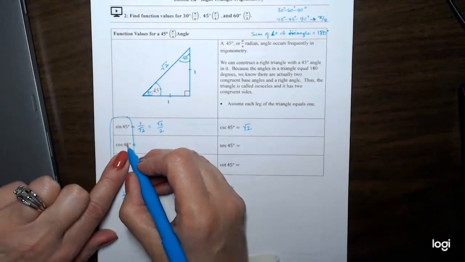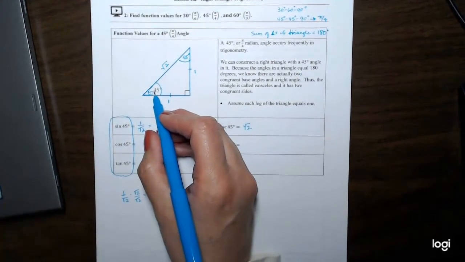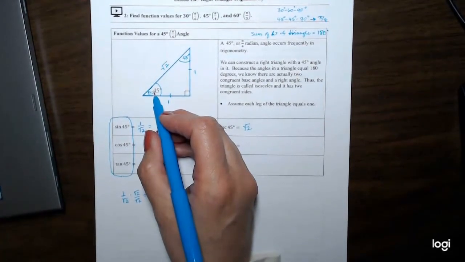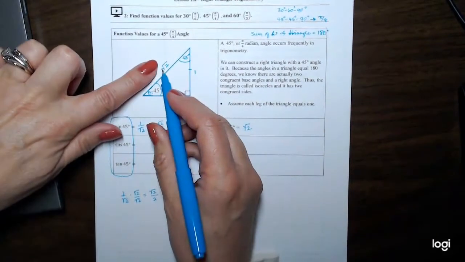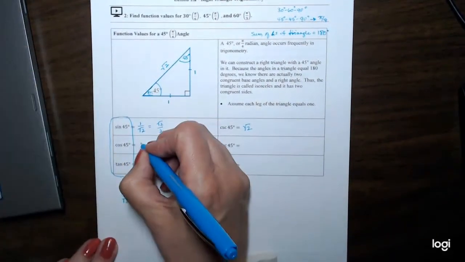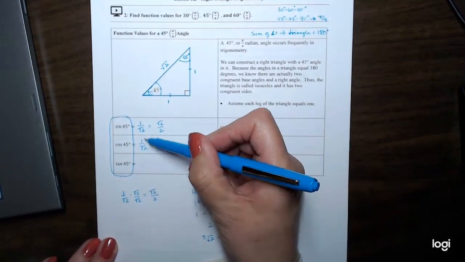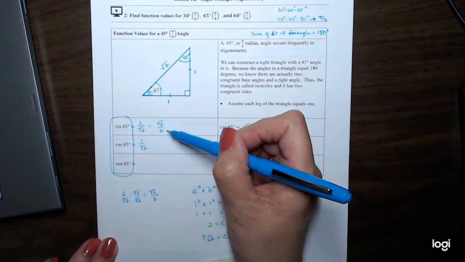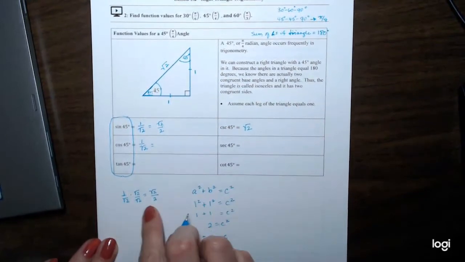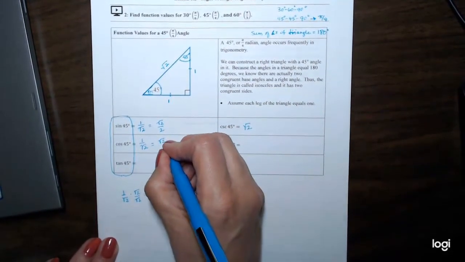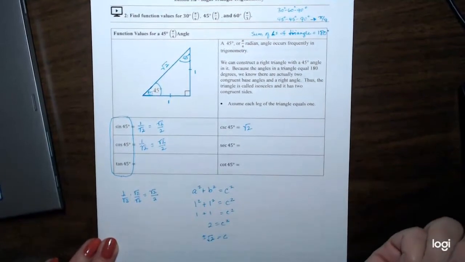Let's talk about cosine of this angle. Cosine, go back to your rules, is adjacent over hypotenuse. Adjacent over hypotenuse, 1 over square root 2. Well, guess what? Cosine of 45 degrees is the same thing as sine of 45 degrees. And if we rationalize it, we're going to get square root 2 over 2.